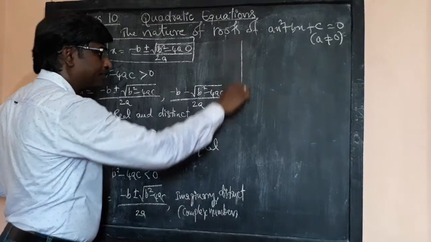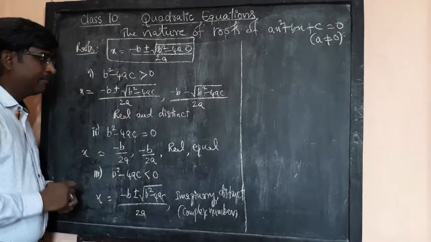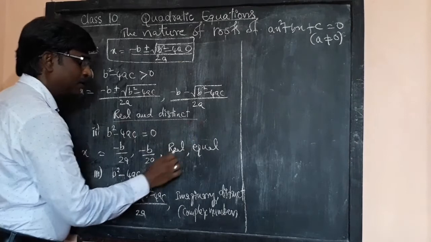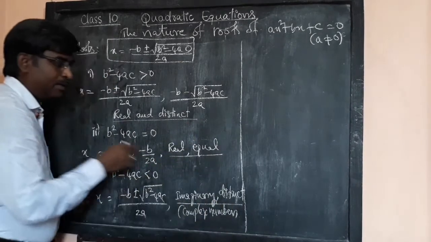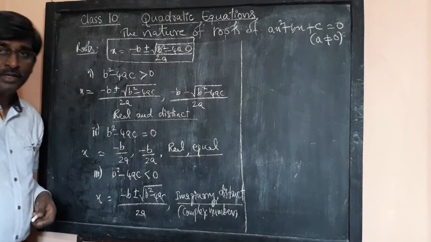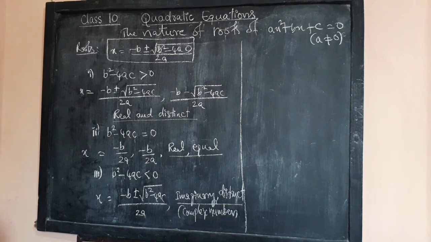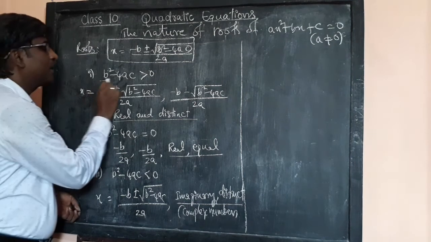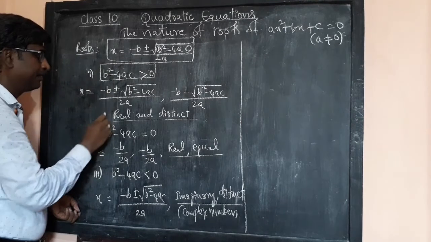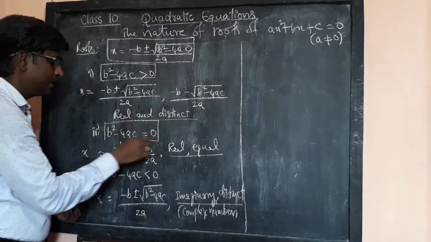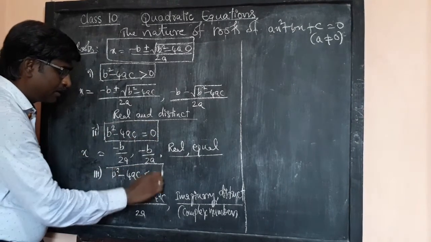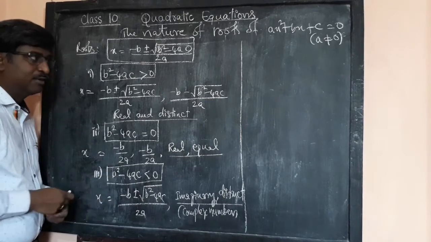So here observe this, the nature of roots depends upon the value of b square minus 4ac. Every time the nature depends on the value of b square minus 4ac.